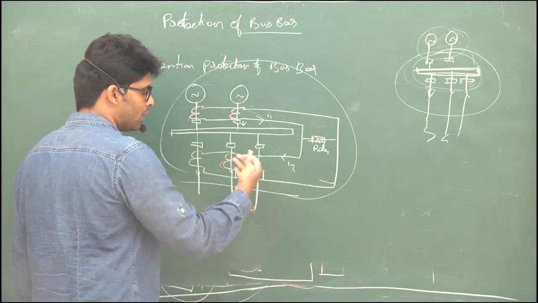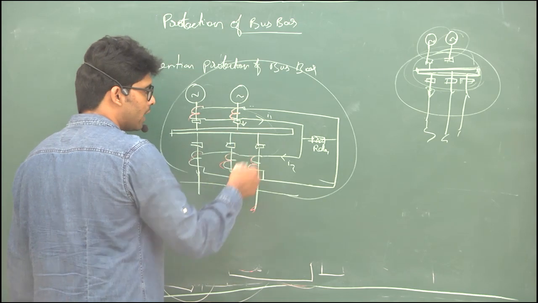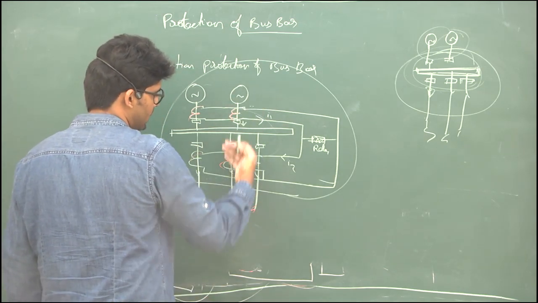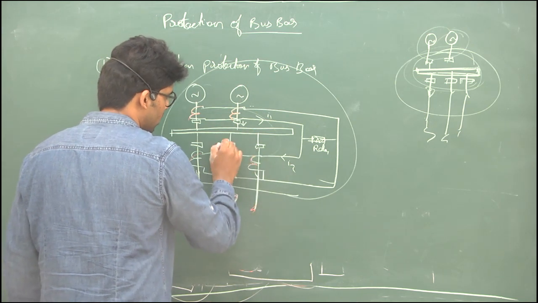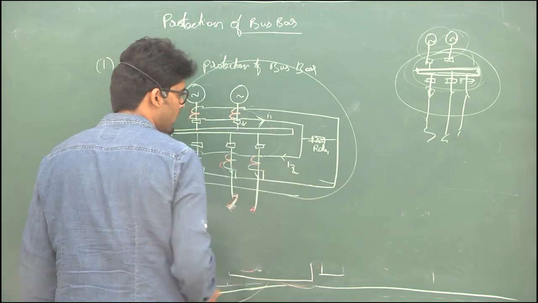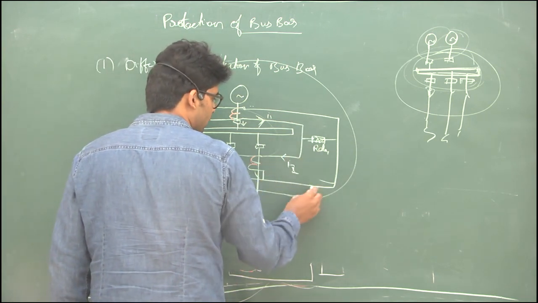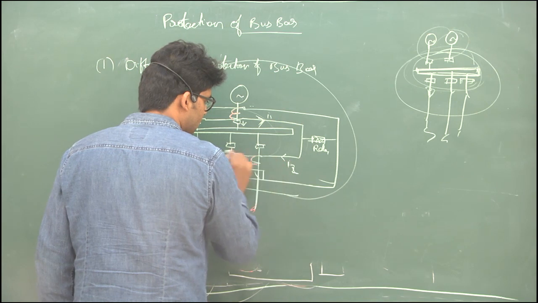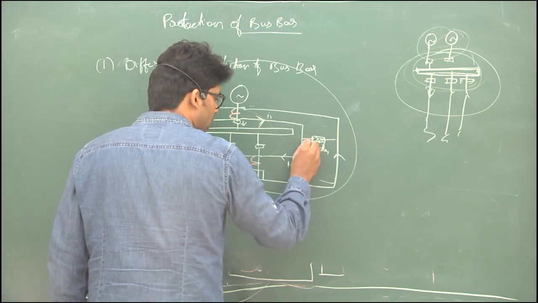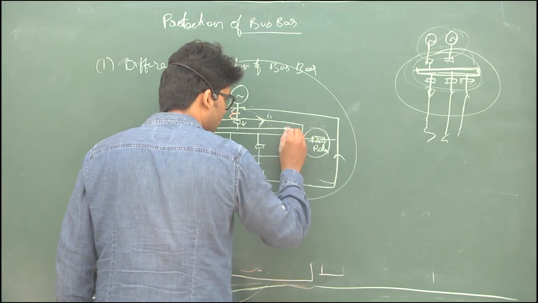Because of the fault, high current will flow from the sending side. The high current flows through I1 and I2, and the current entering the relay is I1 minus I2.